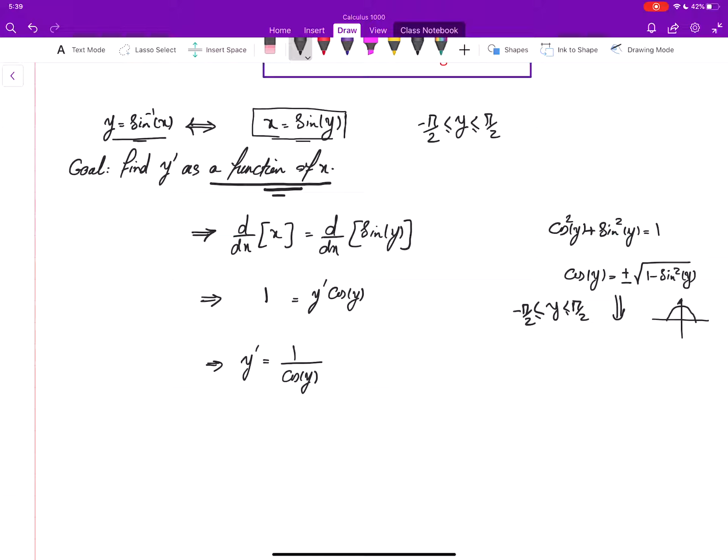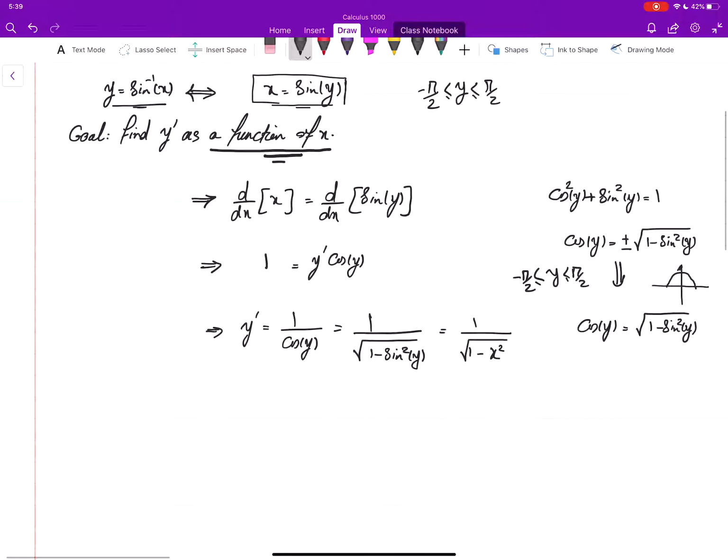It is positive. So that means that cosine of y in that interval is the square root of 1 minus sine squared of y. And well, that gives us everything that we want. We can write this as root 1 minus x squared.